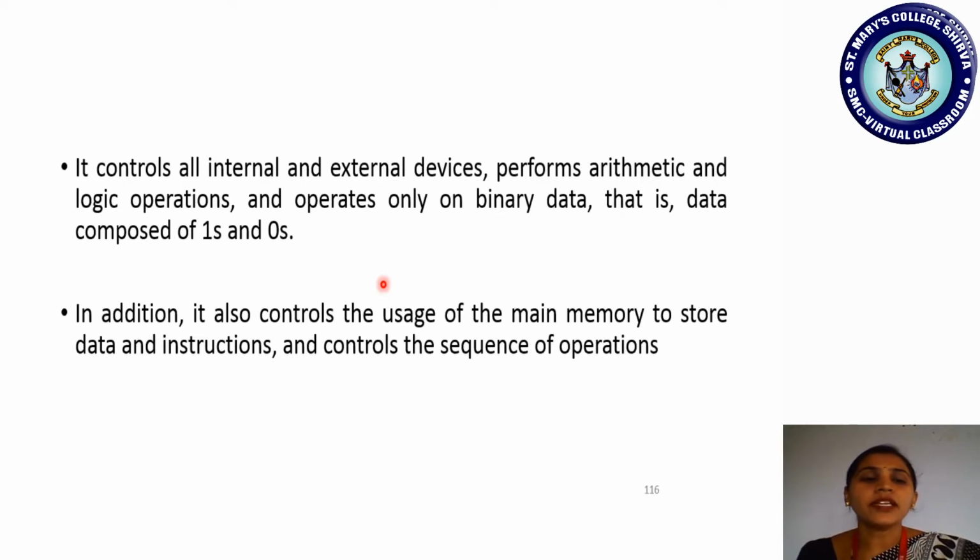Okay. In addition, it also controls the usage of the main memory to store data and instructions, and controls the sequence of operations. So whenever the processor is working, trying to execute the instruction, the temporary data and intermediate results, whatever it is trying to execute, Okay, it is storing actually in the registers, right?